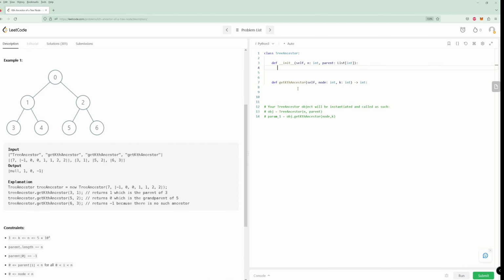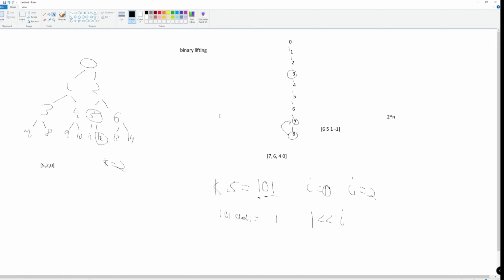Okay. So first thing we need to do is we need to store this n value. Second thing we need to do is, for this picture, we need to figure out what's the maximum number we can go up. And so the worst case scenario, let's say we have n equals 8.